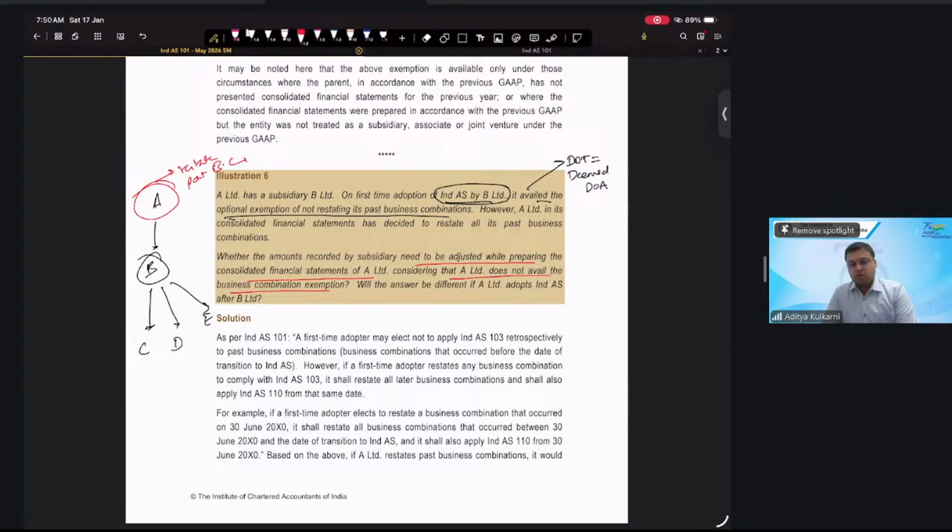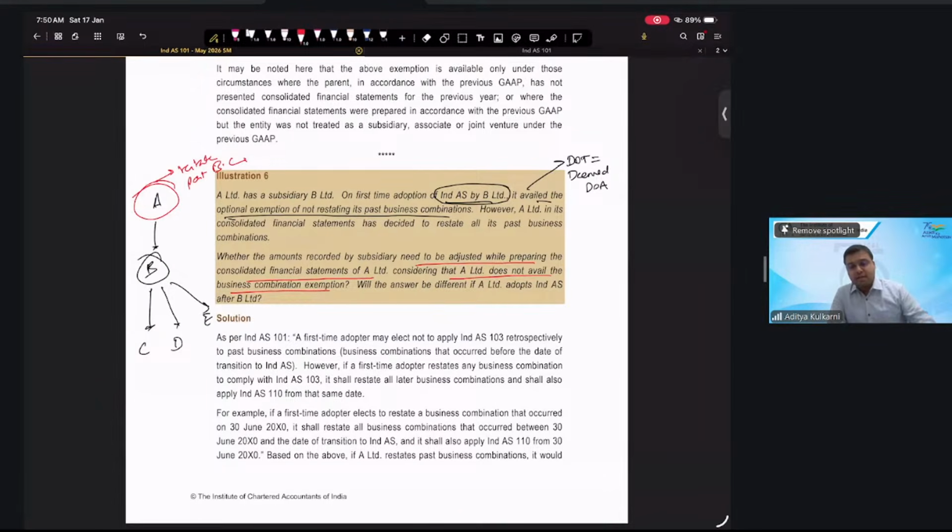Okay. So because of this, B also will end up restating its numbers, but that restatement is only for the purposes of consolidation with A. Are we okay with this? Yes. So when B does its corporate filings for B Limited, will it do a retrospective restatement?